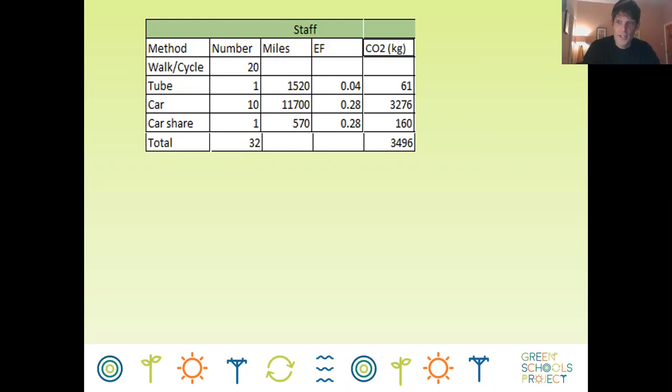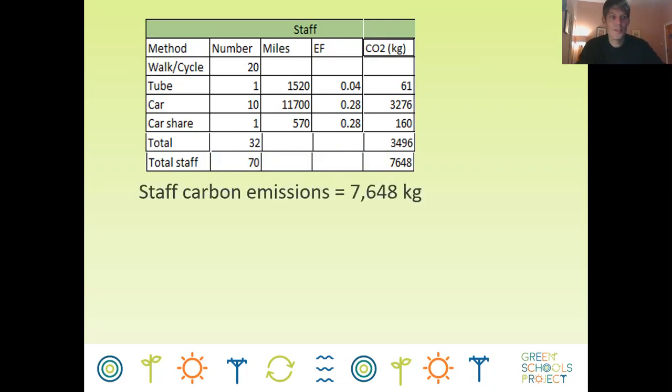So in total, there are 70 members of staff at the school. So the total kilograms of carbon dioxide ended up being 7,648. And again, we're assuming that those people not included in the survey get to school in a similar way to those people who are included. So that's the staff carbon emissions.